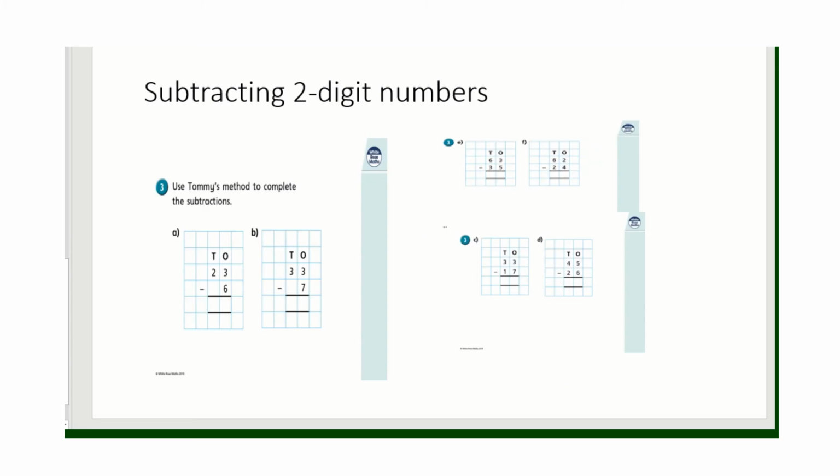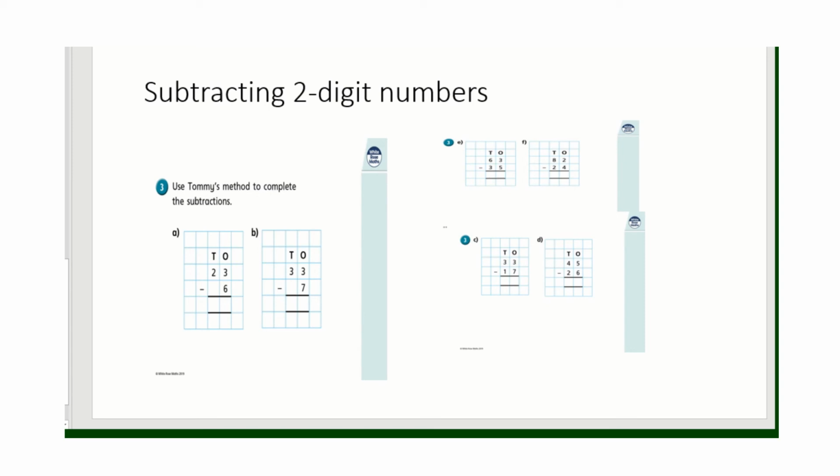I want you to use Tommy's method to complete the subtractions, okay? So you've got 6 there, where the first 2 are only a single digit, but on the other 4, look, so 63, let's do one of them together. 63 take away 35.